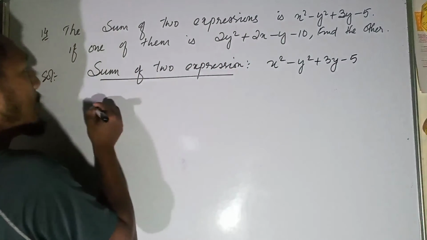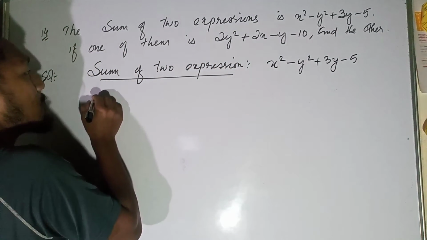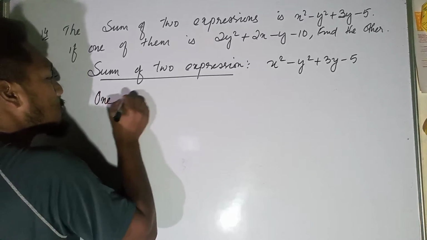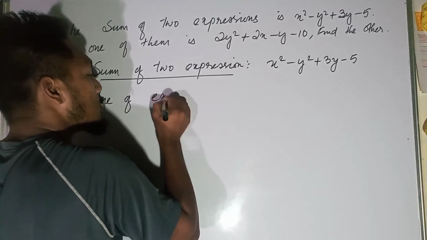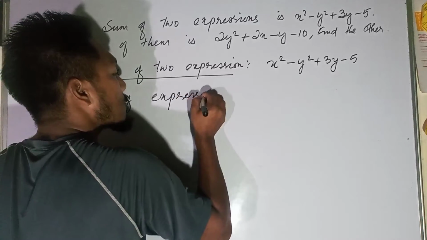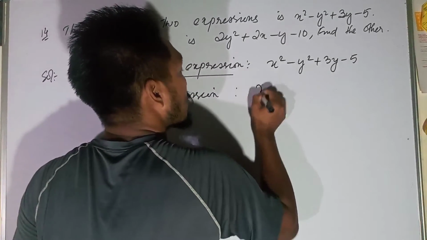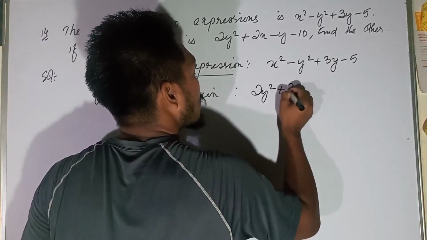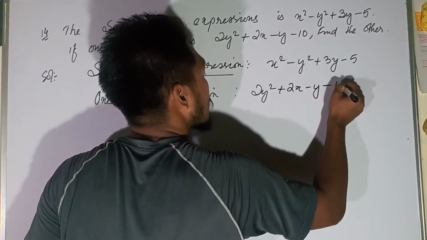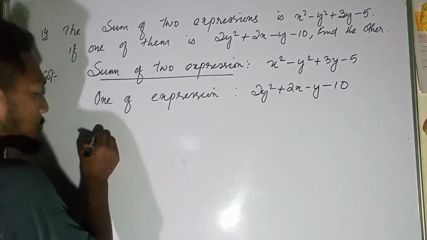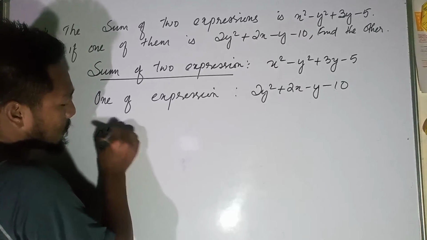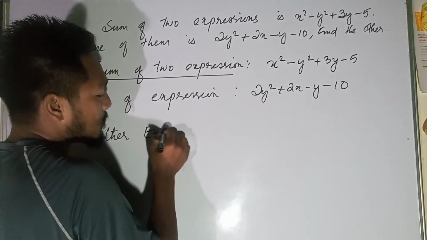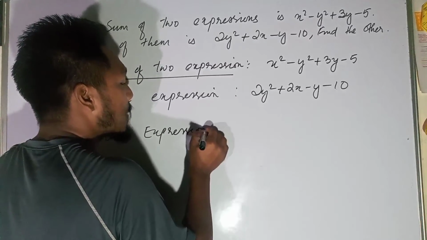Then one of the expressions is equal to 2y squared plus 2x minus y minus 10. Then what is the other expression? You have to find the other expression.